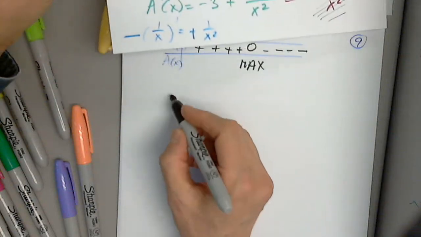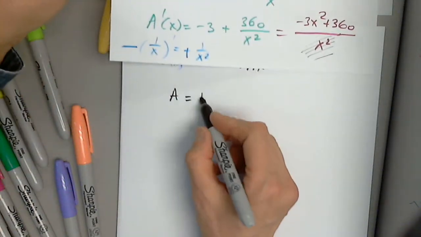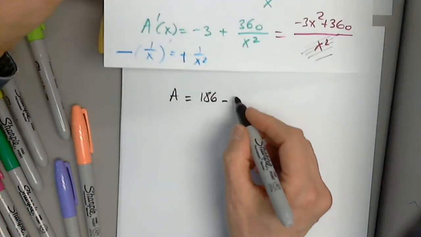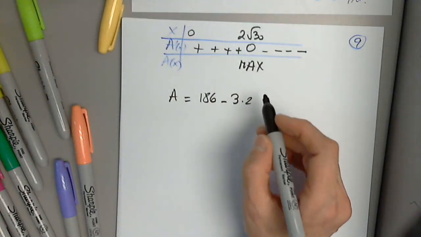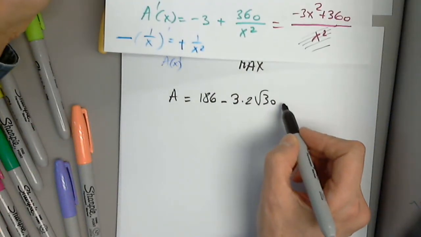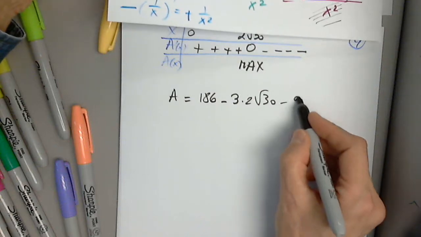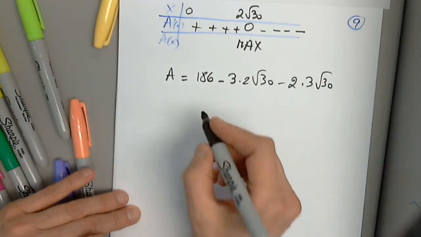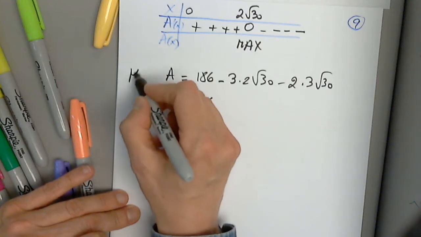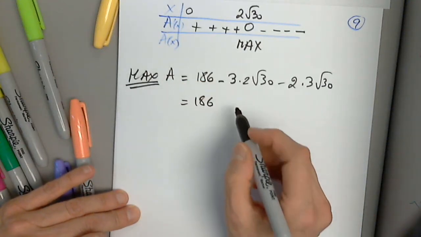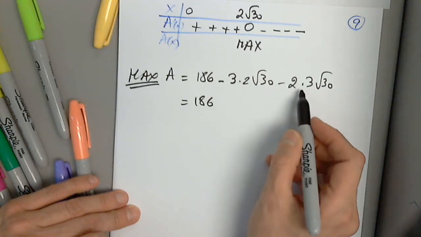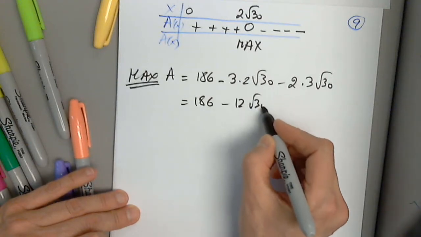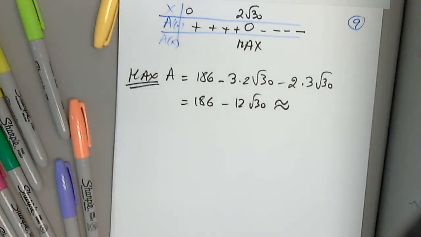Here it is. 186 minus 3 times 2, what was it? 2 the square root of 30. Minus 2y, minus 2 times 3 the square root of 30. So this is the max area. 186 minus 6 is minus 12 the square root of 30, and we can even approximate it if we wanted to see what the maximum printed area is.